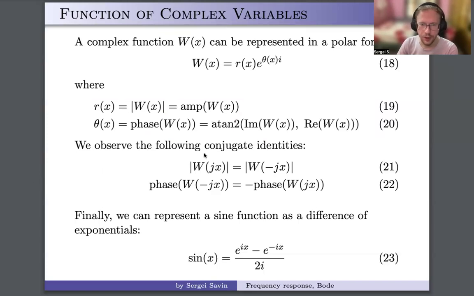Factoid number two. The size of a vector produced by a complex function would not change if your complex variable went from being jx to being minus jx. J, remember, is your imaginary one. Okay.